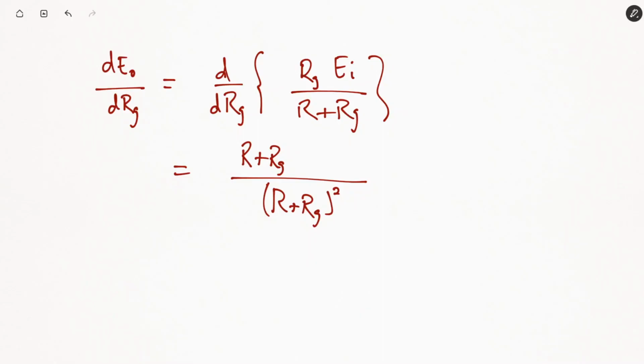EI is a constant term, so we can take it outside, minus Rg EI d by dRg of R plus Rg. d by dRg of R will be 0, so it's only dRg again.